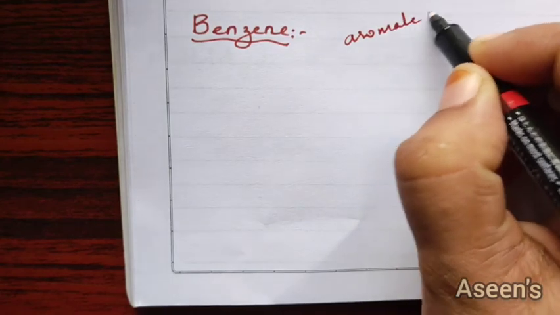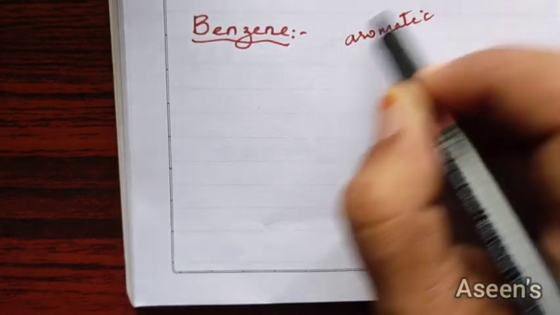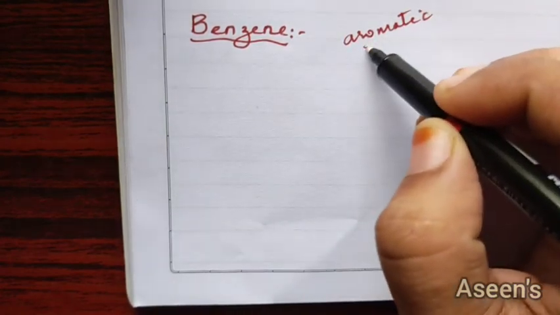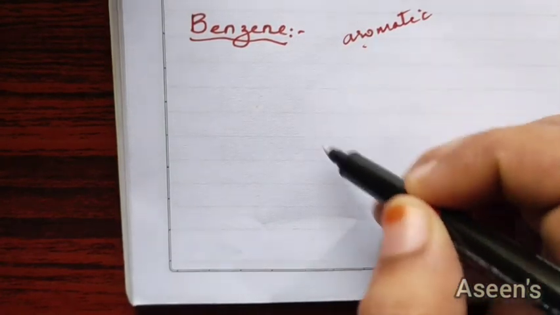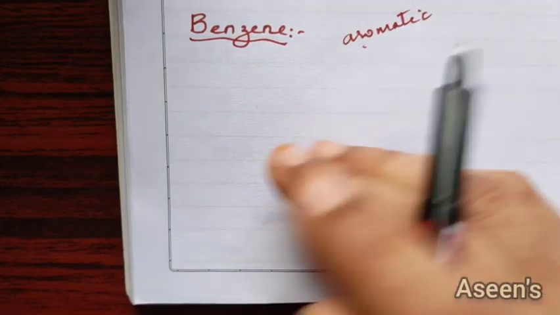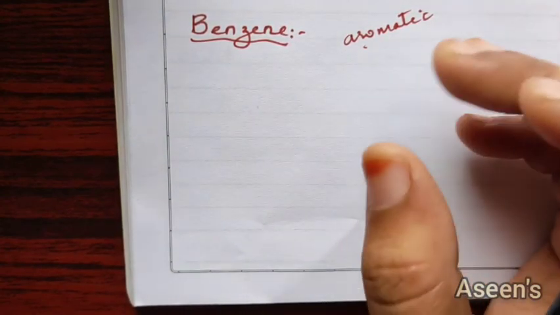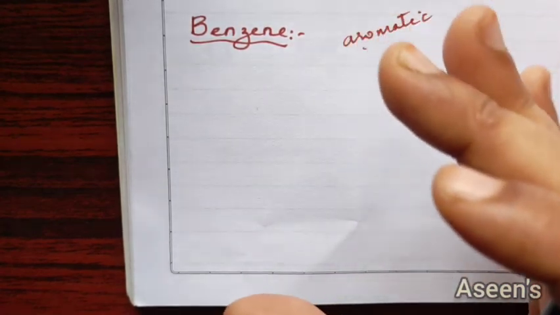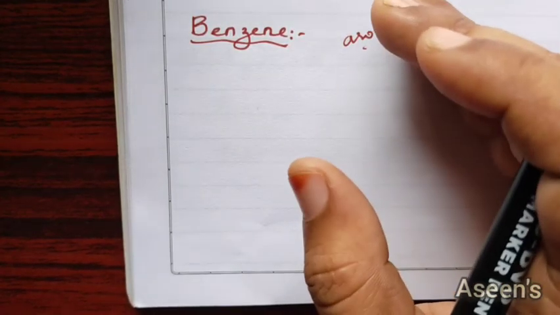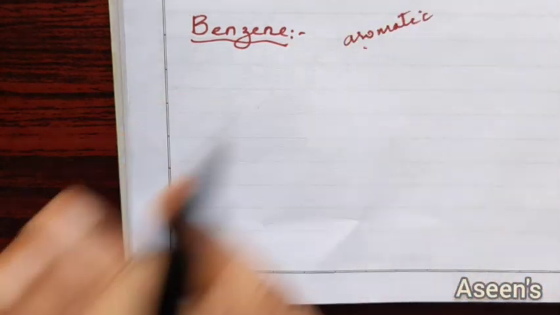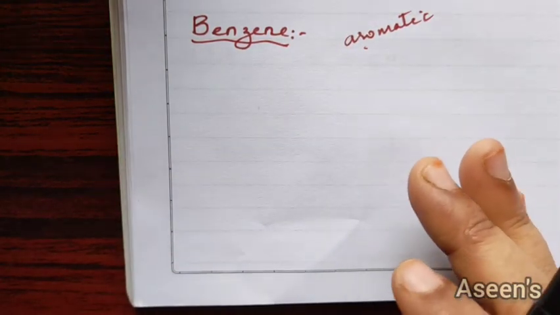The word aromatic is given because of its pleasant smell. Aromatic hydrocarbons have a ring-like structure with alternate double and single bonds. Whenever such a ring is present in a hydrocarbon, we know that it is aromatic in nature.